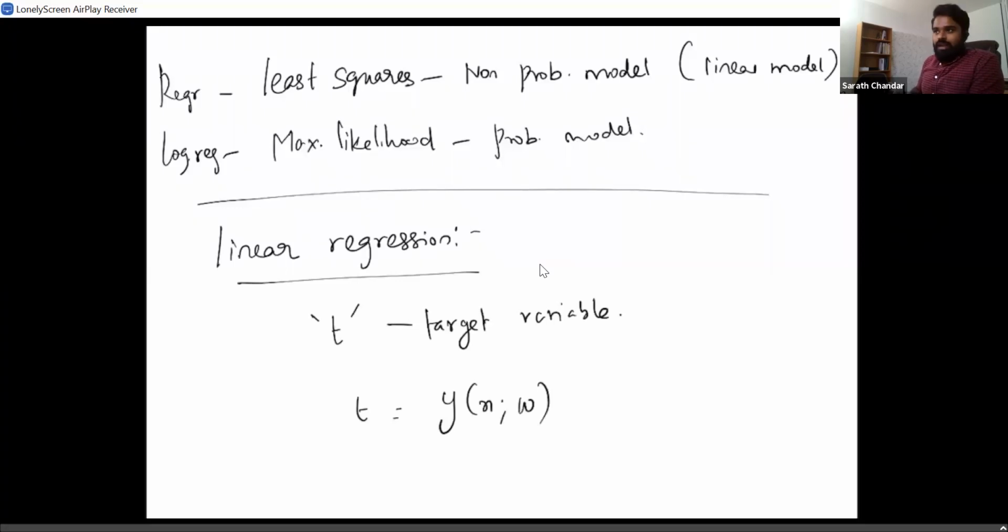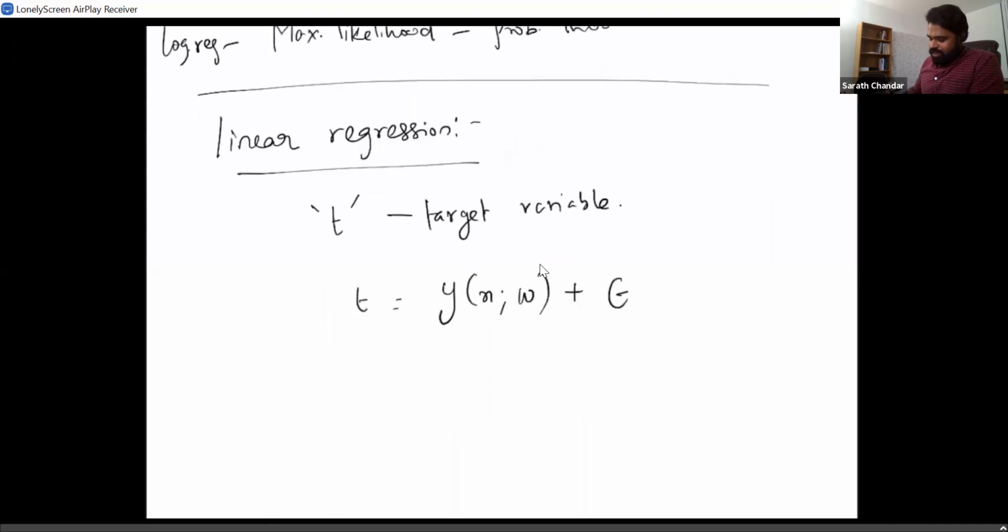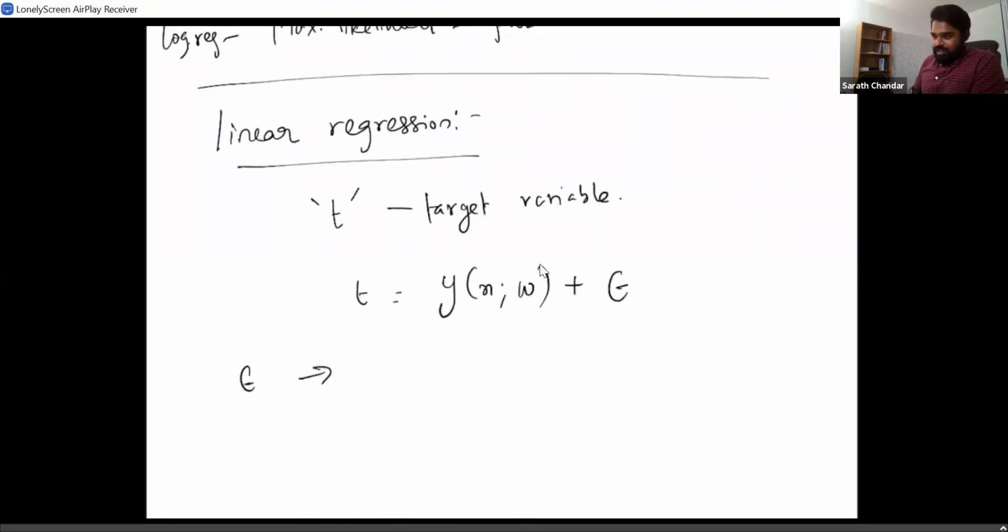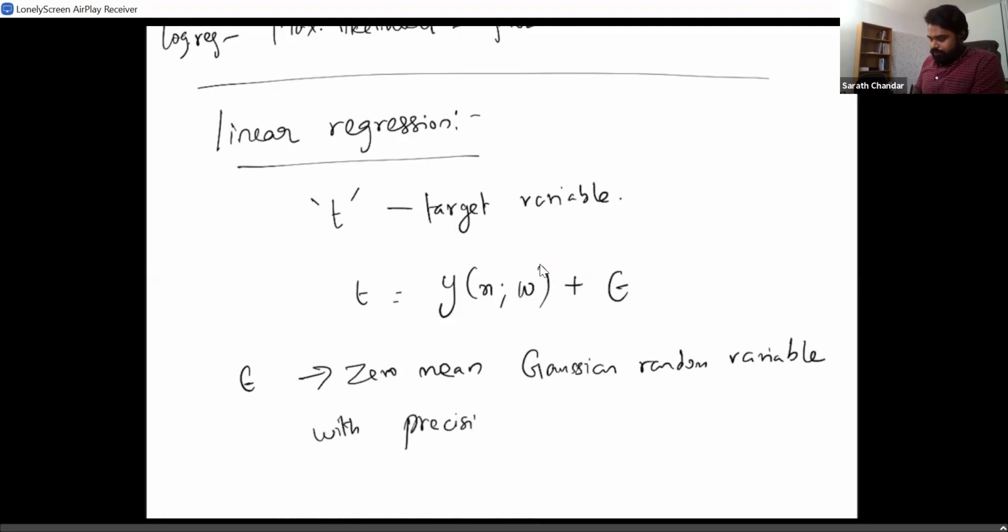And let us assume that there is an additive Gaussian noise to this, so plus epsilon, where epsilon is a zero mean Gaussian random variable with precision beta. Precision is basically the inverse of variance. I could either use variance or precision.